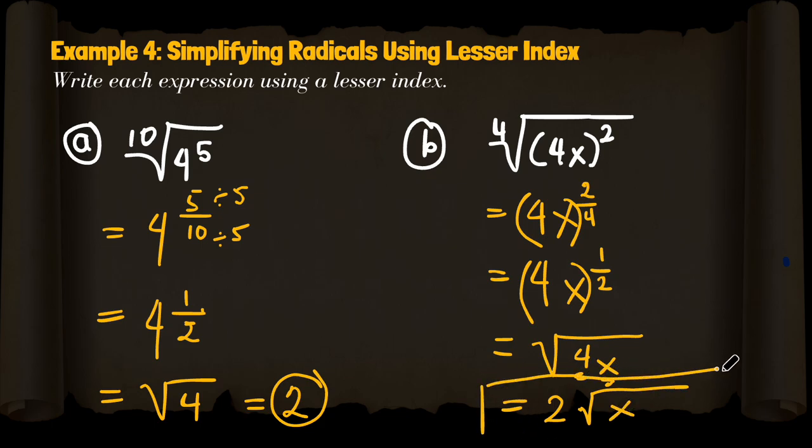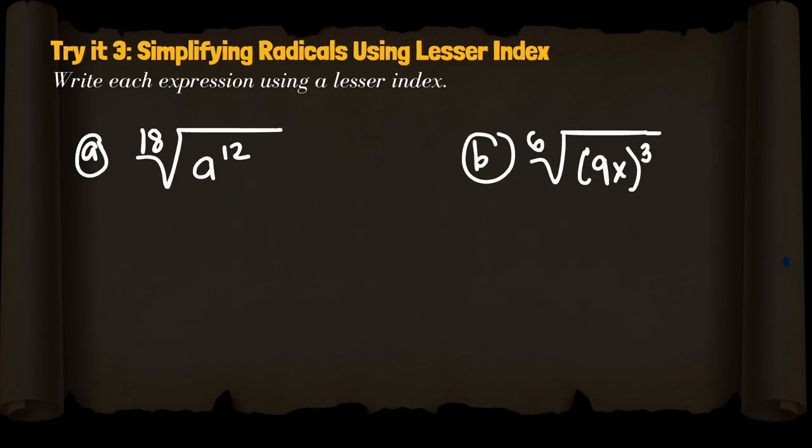So, ito yung magiging final answer: 2 square root of x. Okay. There you go. Practice your skills using this one. This A and B will be our try it number 3.